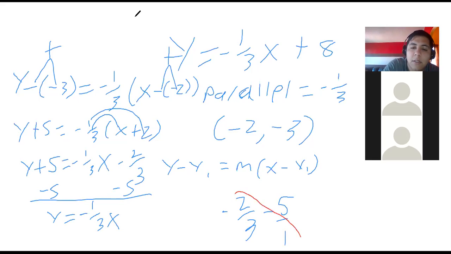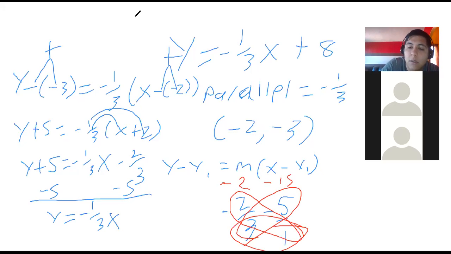With the fractions, we can do this. I'm going to multiply 3 and 5, which is 15, and then 3 and 1, which is 3.